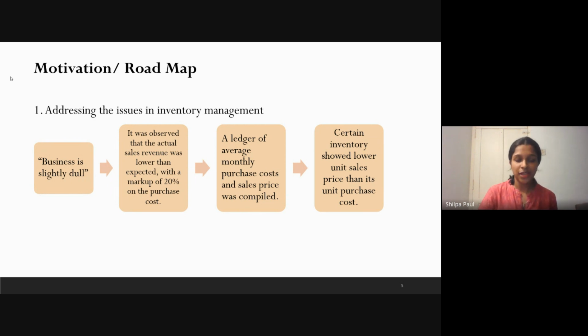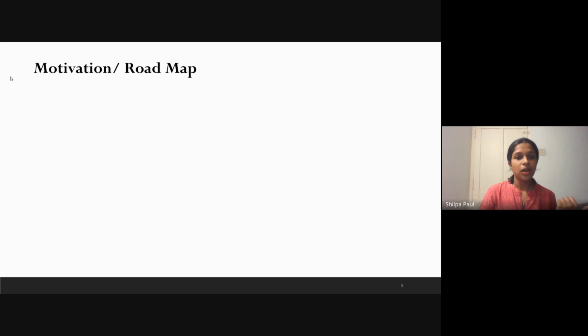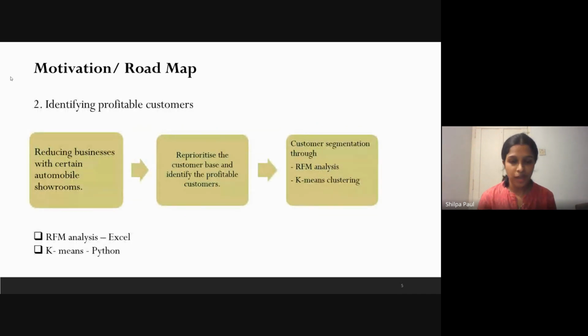And moving on to the second one, as I said before, the shop is looking for ways to reprioritize its customer space. That is, it wants to move to the retail part. So the most classic and the most commonly used technique for defining strategies for customer segmentation is the RFM analysis and the K-means clustering.